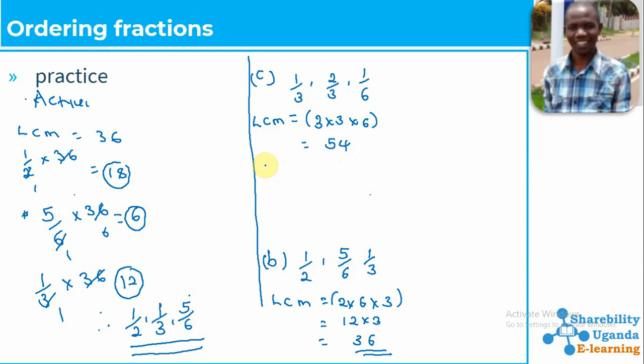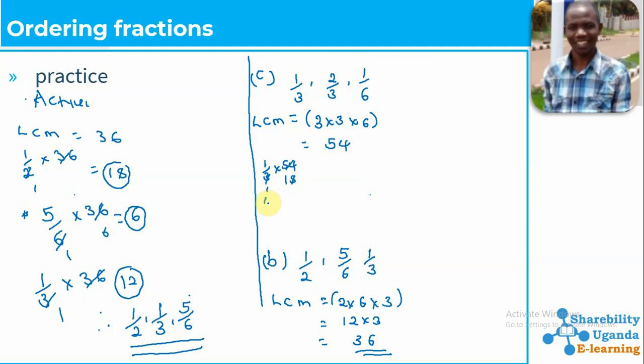So this simply means we are now going to use 54 as our common multiple. We say 1 out of 3 times 54. By 3, 1: 54 divided by 3, we get 18.